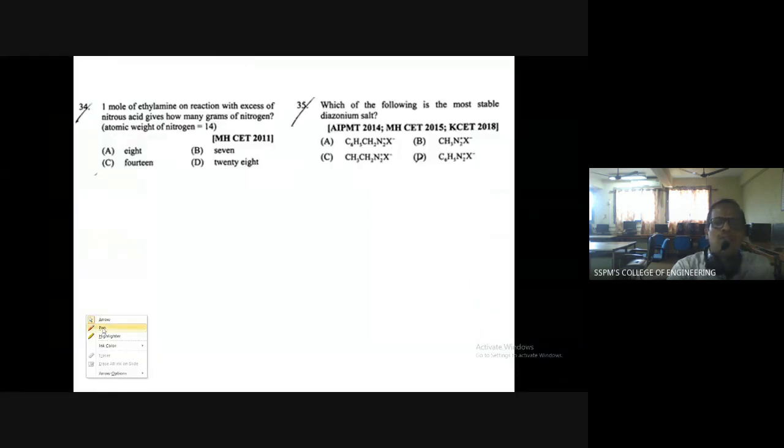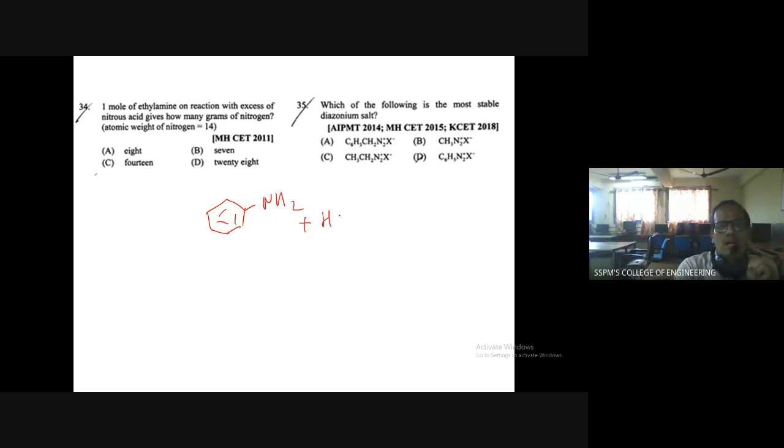Diazonium salt means the salt formed when we add HNO2 to an aromatic amine, for example aniline reacting with HCl. I already told you the alkyl part remains as it is and NH2 is converted to N2 plus Cl minus.